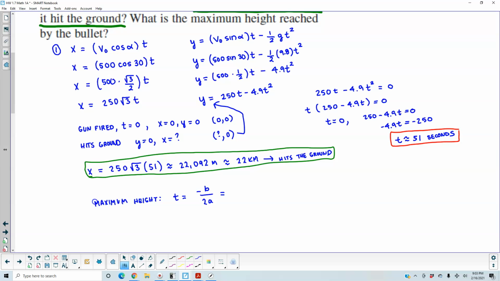So what is b and what is a in our problem? Well, if we look at y equals 250t minus 4.9t squared, the value of b in the quadratic equation is 250. So we have negative 250 divided by 2 times, well, the value of a is negative 4.9.